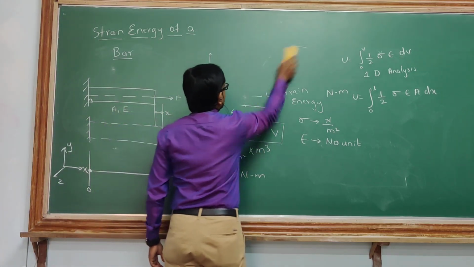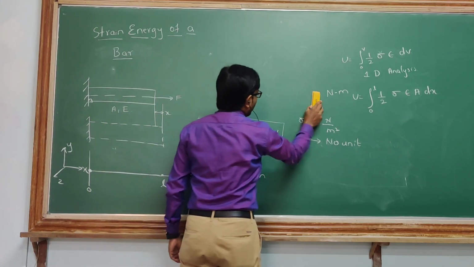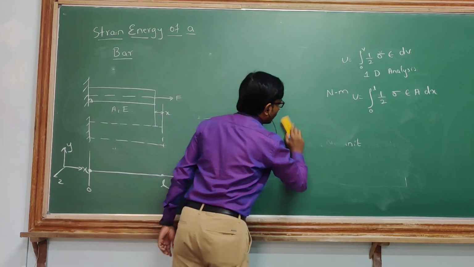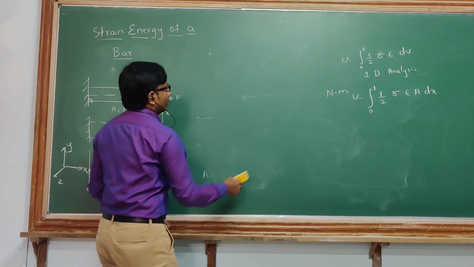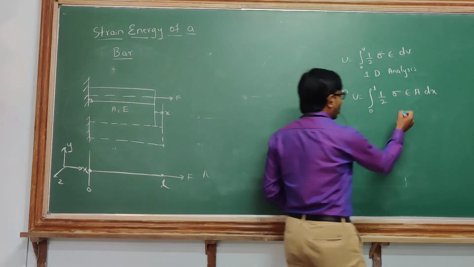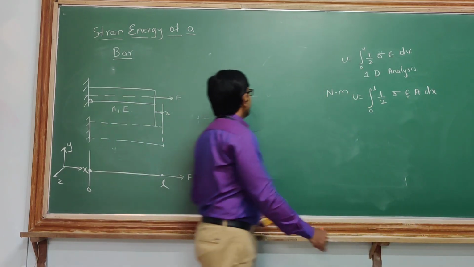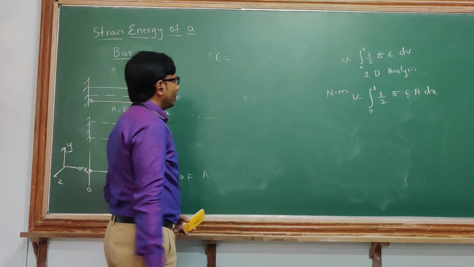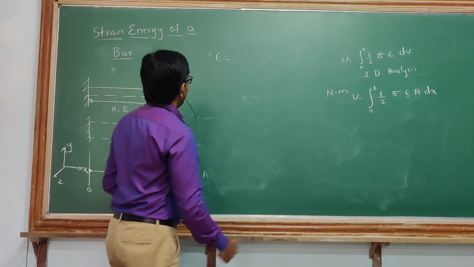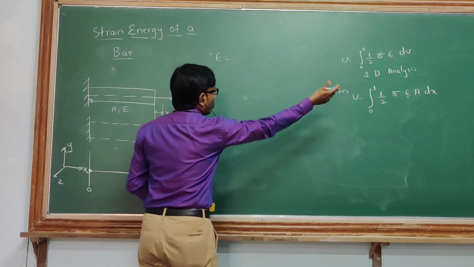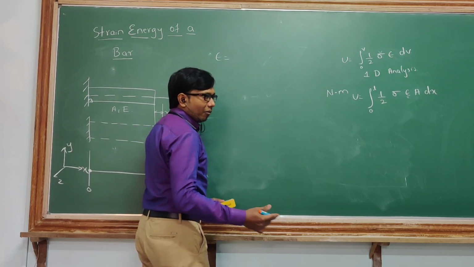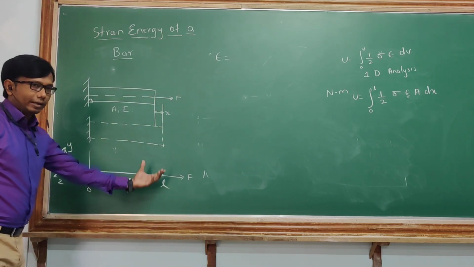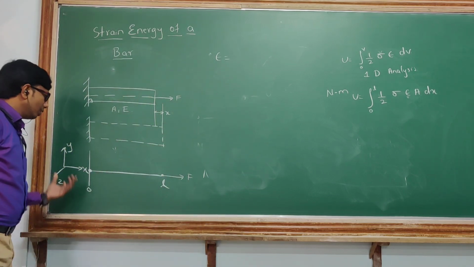From your basics of MOM, there is a parameter called strain. U is equal to half sigma epsilon, and as we are doing 1D analysis, epsilon will be the change in length of x to the original length.